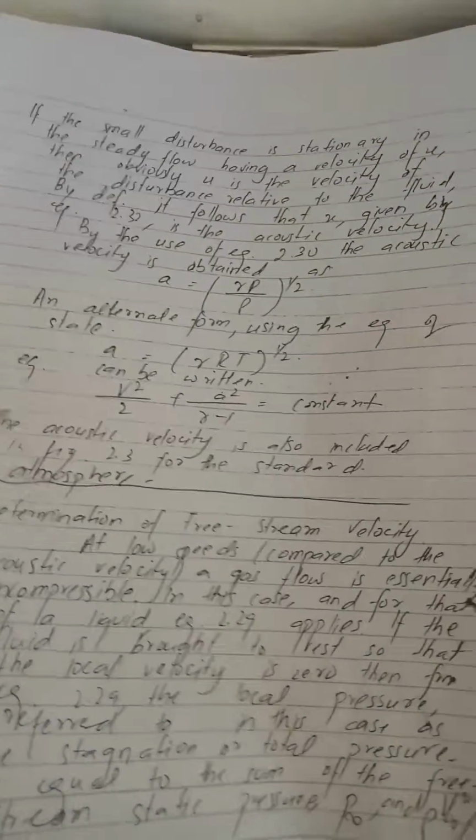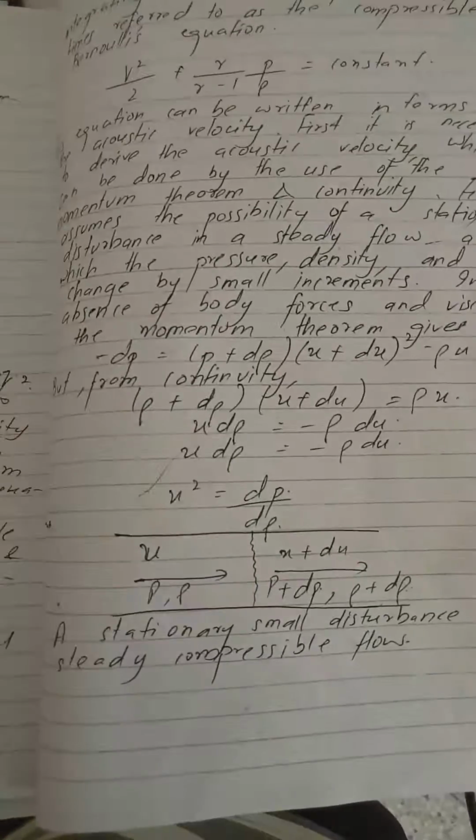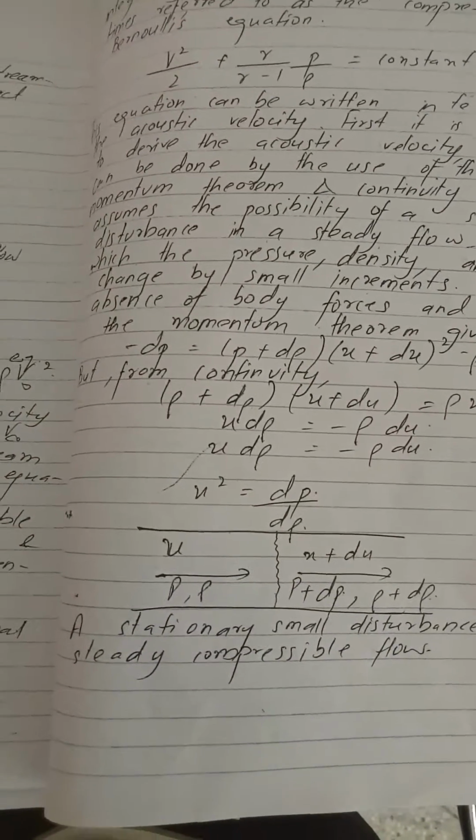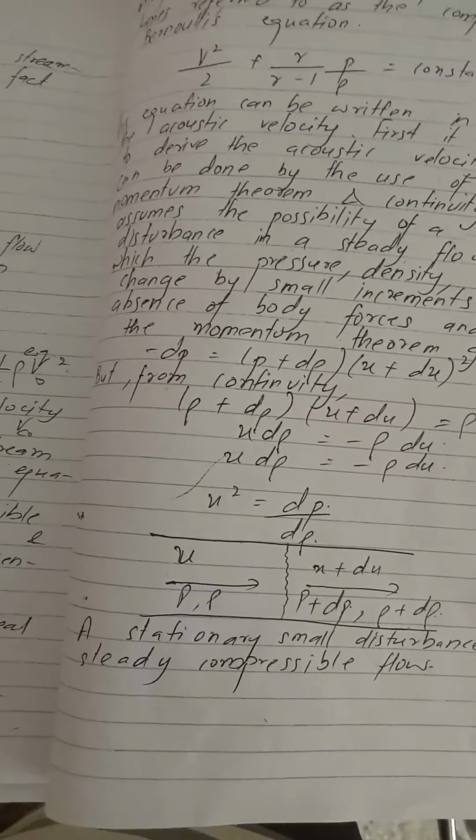You just need to consider steady, stationary flow with a disturbance, and when the disturbance occurs with the velocity u, obviously covering a distance x with the pressure p, and rho is the density.